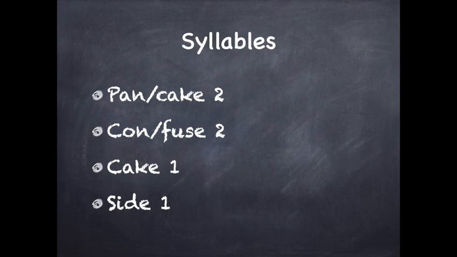So as you can see, pancake is broken up into 2. And if you see where I put that line in between pan and cake, that's where my voice kind of pauses as I say the word. Pancake. Okay, or confuse. Those are the 2 separate units, and that's how I break it into 2 syllables. Whereas cake and side only have 1 syllable.